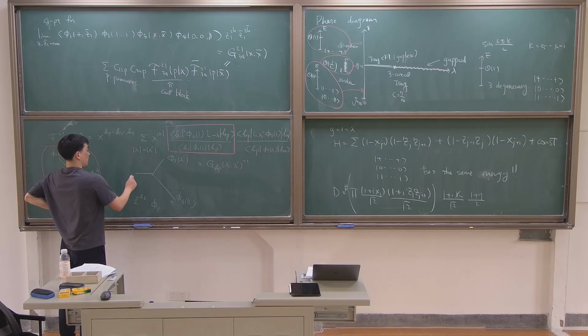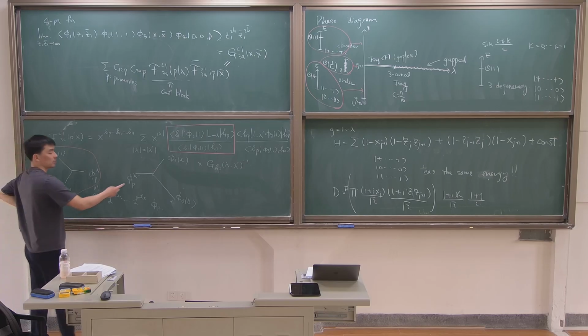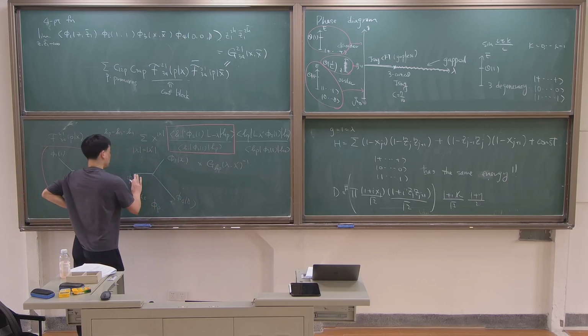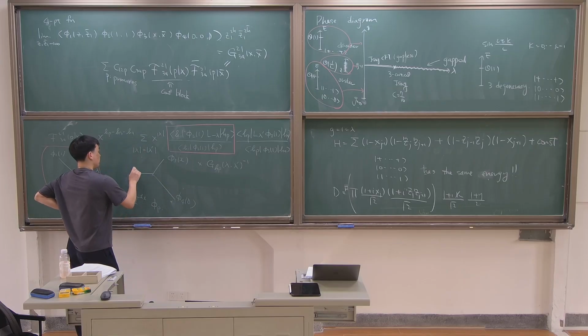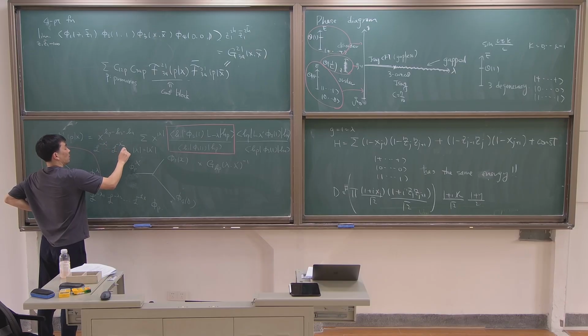And then here you have a phi p lambda prime, a different descendant, a different sequence lambda prime, L minus lambda prime, whatever, acting on phi p.